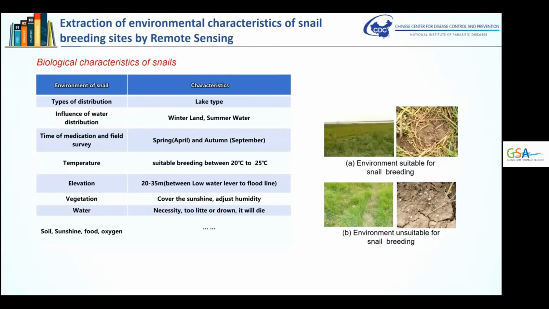The elevation is about 20 to 35 meters, and the vegetation covers the sunshine, with adequate humidity, and water is a necessity. Okay, figure A shows the environment suitable for snail breeding, and figure B shows the environment unsuitable for snail breeding.